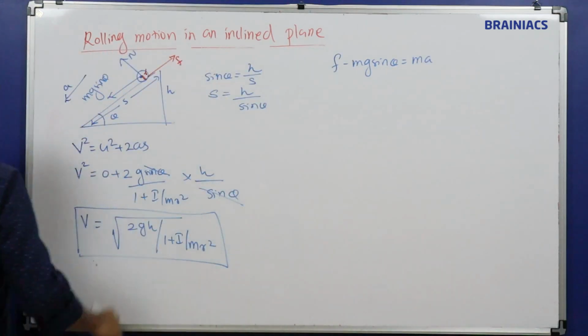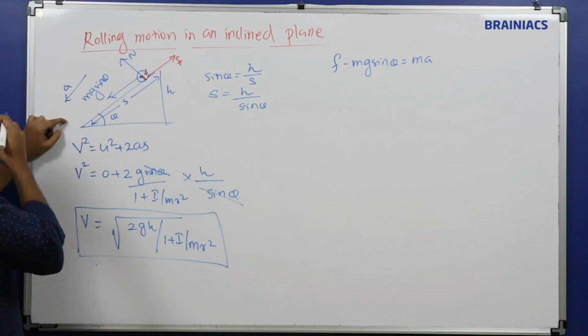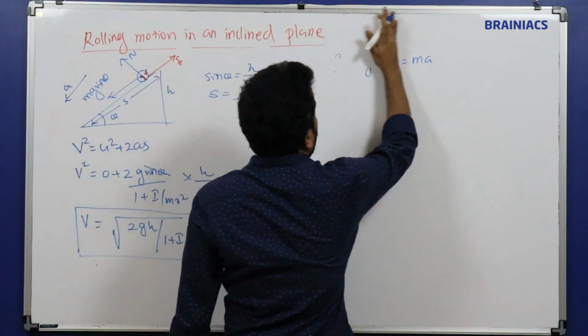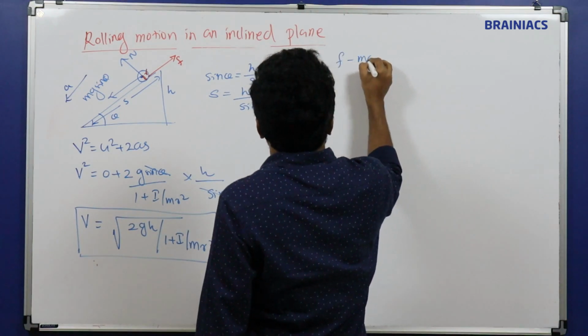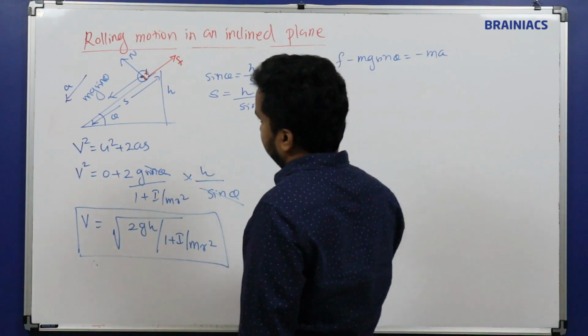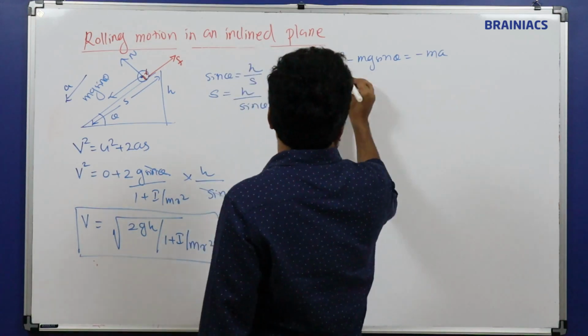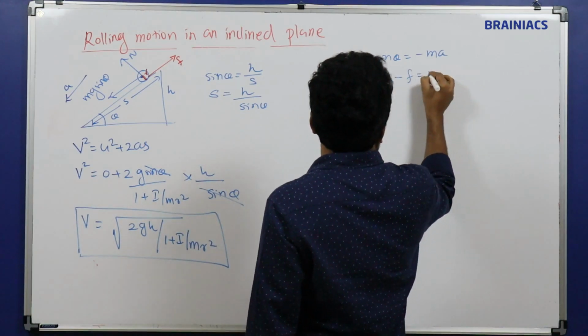F upward, minus mg sin theta plus f. Let me take the free body diagram formula again. F upward, F minus mg sin theta equal to minus ma. So multiplying throughout with minus, we got mg sin theta minus f is equal to ma.